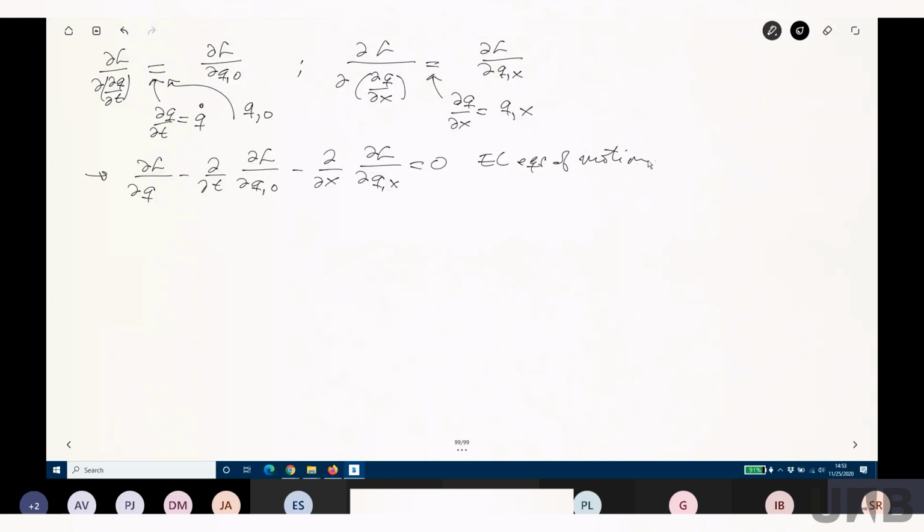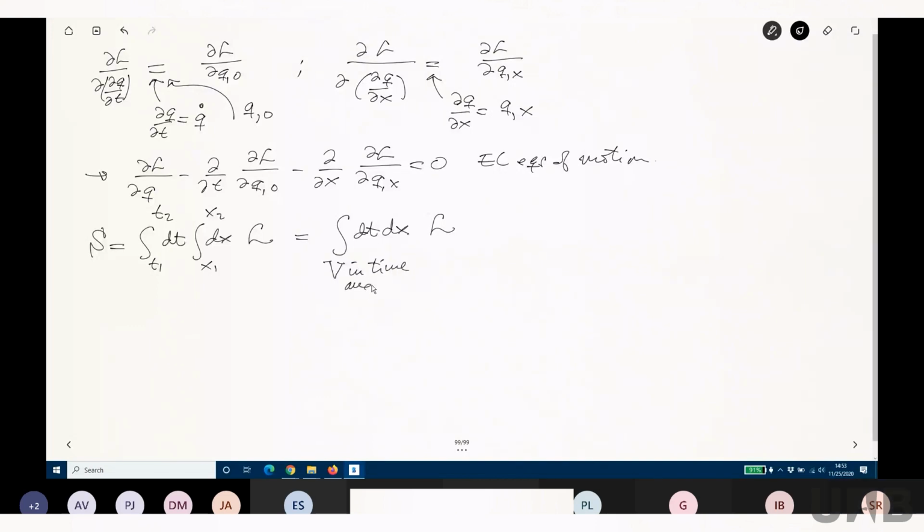But now we can do other things. Let us look back at the action. The action was the integral dt from t1 to t2, integral dx from x1 to x2 of the Lagrangian density. This is the integral dt dx of the Lagrangian density over the whole volume in time and space.